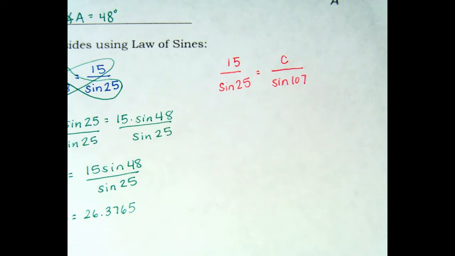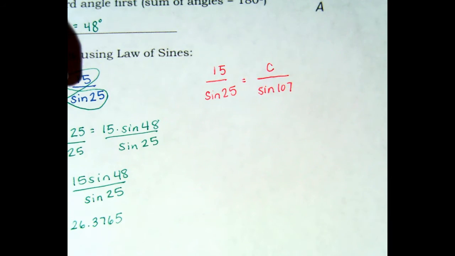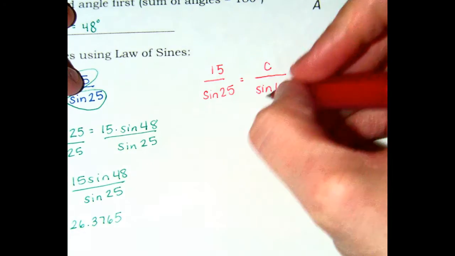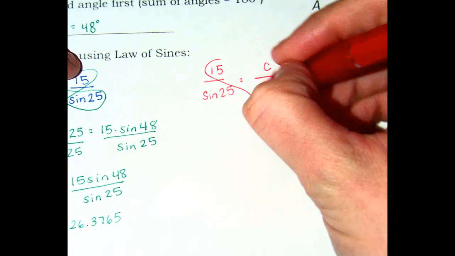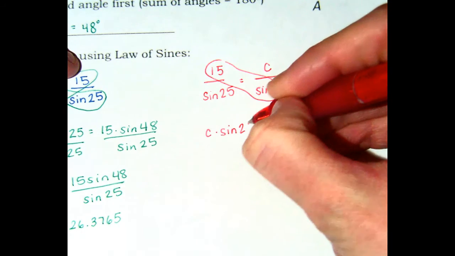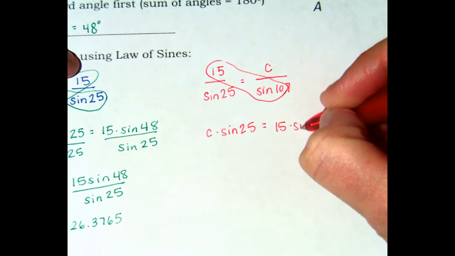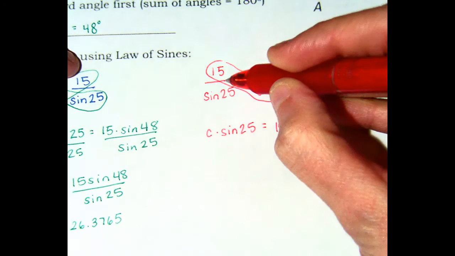Okay, you cross multiplied. And when you cross multiplied, what did you have? C times the sine of 25 equals 15 times the sine of 107. Okay, and then what'd you do?